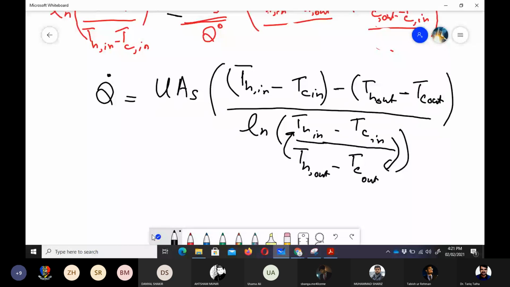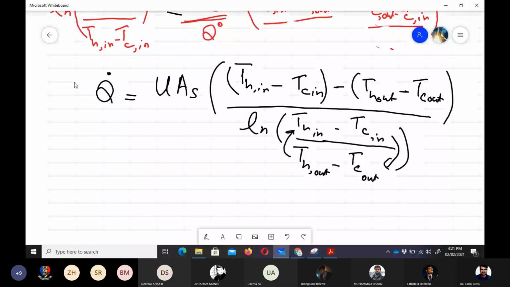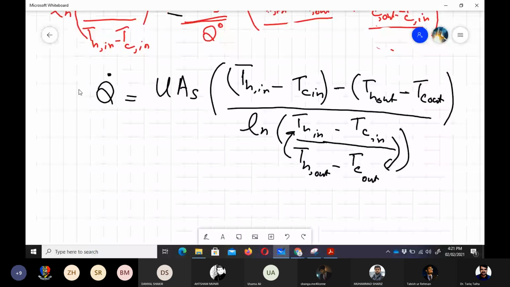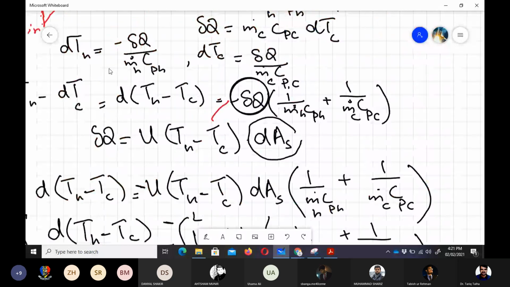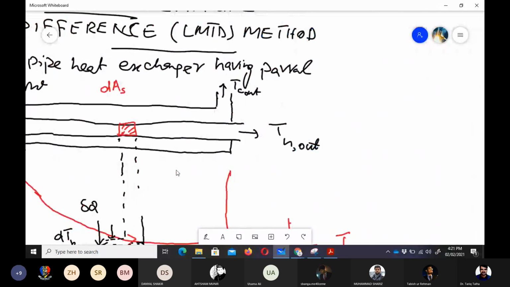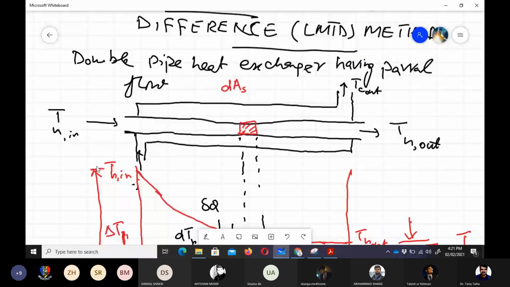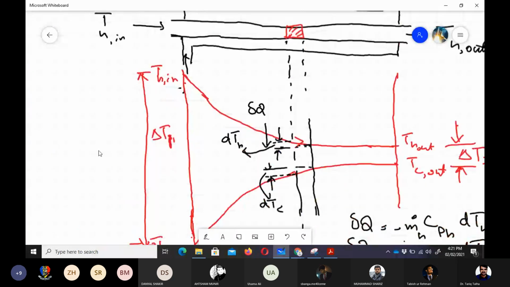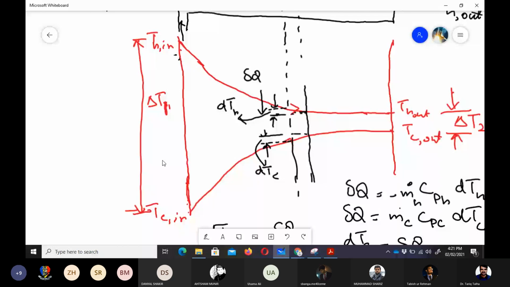If I take you back to the original figure where we started, the temperature distribution for the differential analysis, T_h in minus T_c in is delta T1 and T_h out minus T_c out is delta T2.